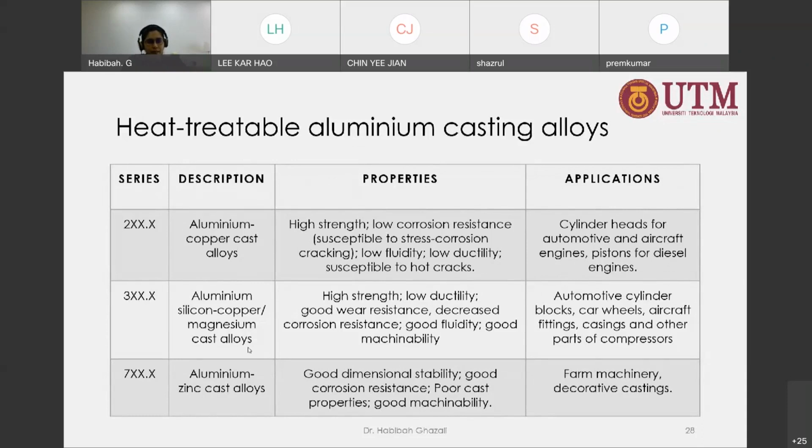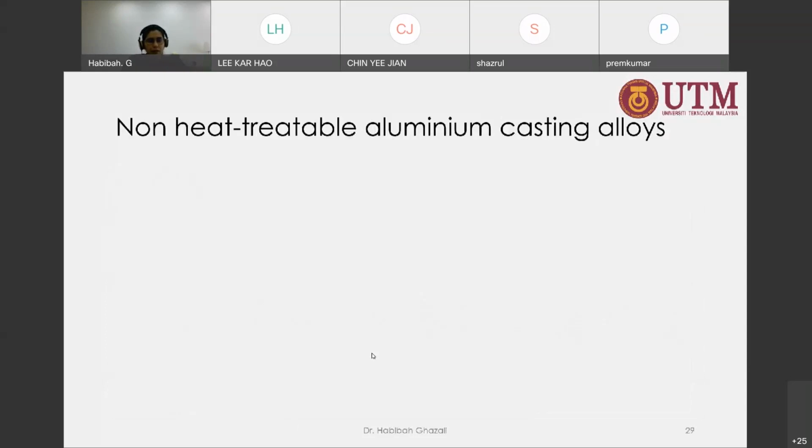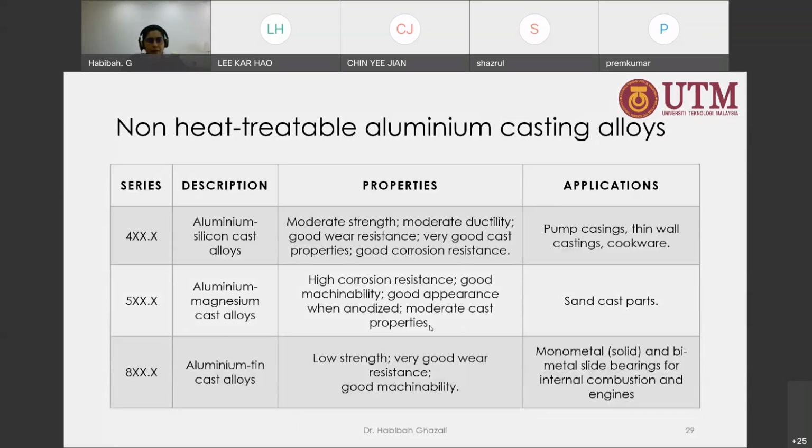I have listed out the properties as well. And for the non-heat-treatable, the description, the properties, and the application is in this table here. As you can see, for the aluminum with silicon as the major alloying element, for this cast aluminum alloy, the amount of the silicon is much higher.